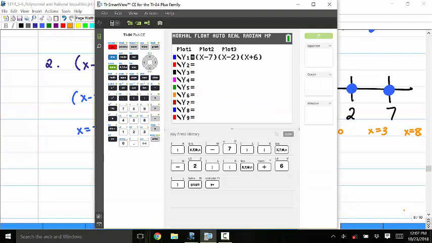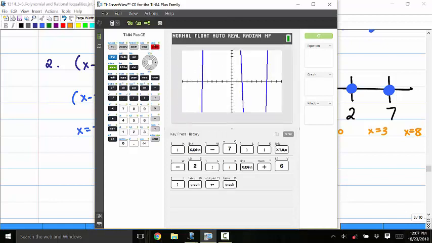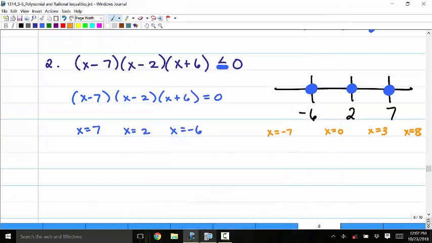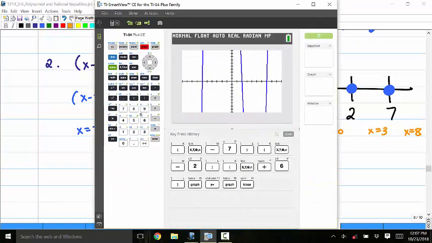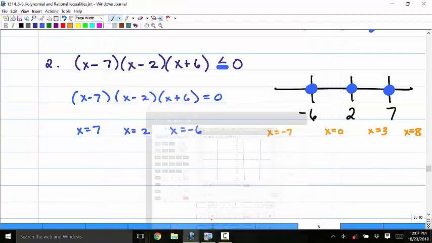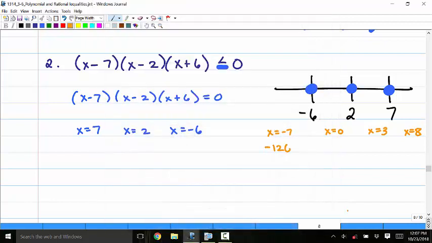Okay, if I type that polynomial into my y equals, and I hit graph, and what did I type in first? Negative 7. So trace negative 7. I get negative 126. So I'm going to put a negative symbol here.